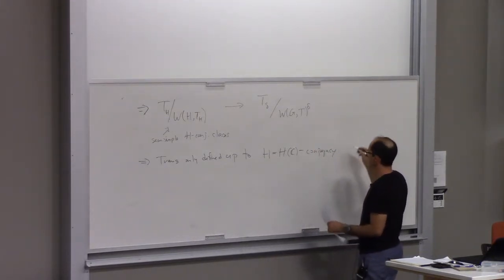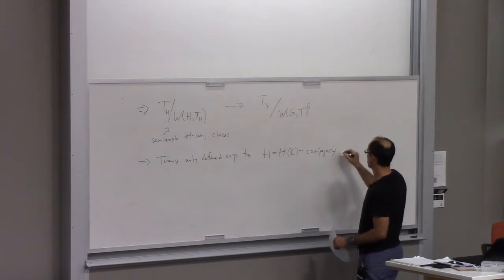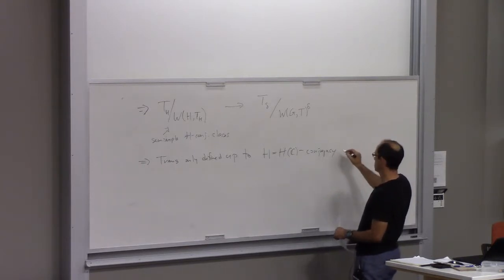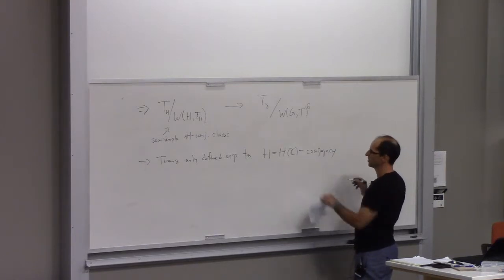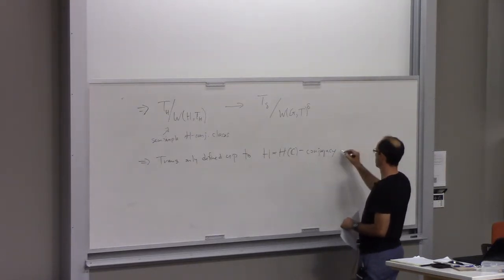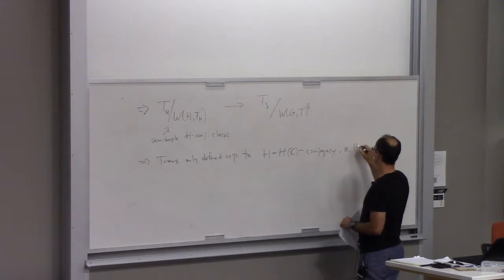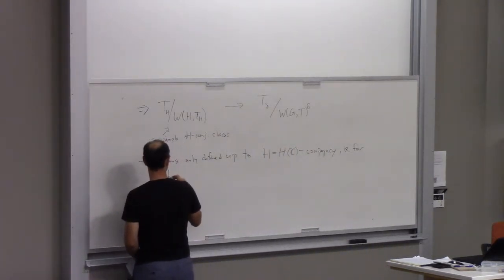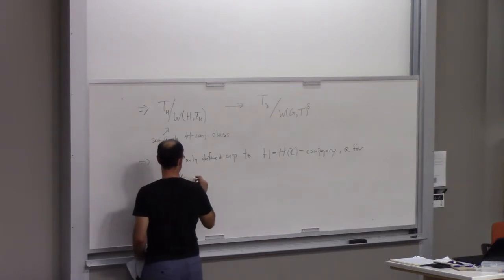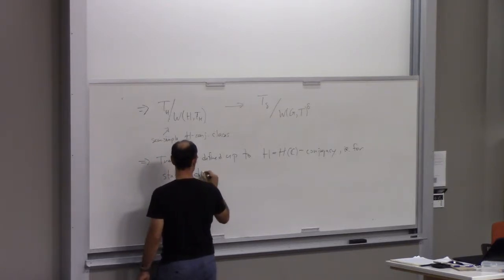Another way of saying that is stable, right? I don't have time to really get into it, but elements are stable if they're conjugate over the algebraic closure. Stable conjugacy classes. Stable distributions.